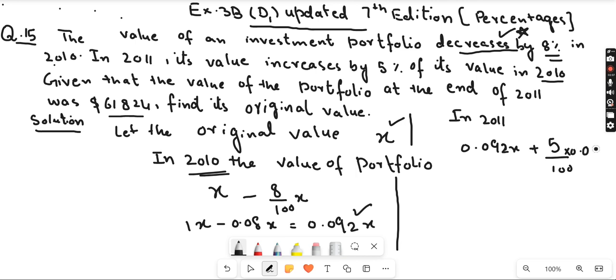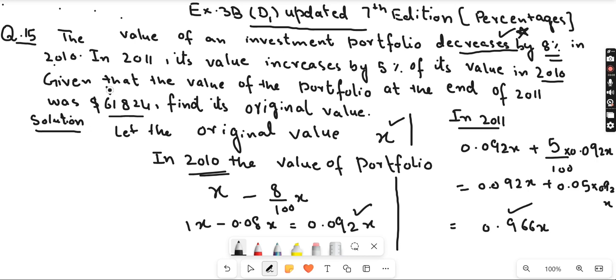So we'll take 5% of this value, and then there is an increase. So it becomes plus 0.05 multiplied by this 0.92x. So your final answer comes 0.966x. So this is the value in 2011.